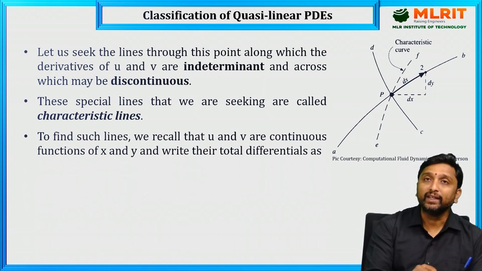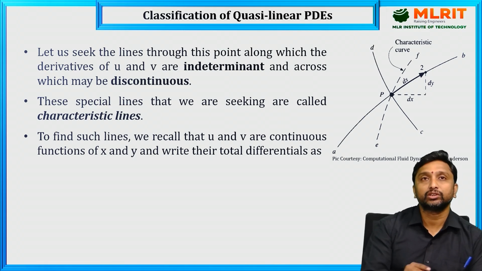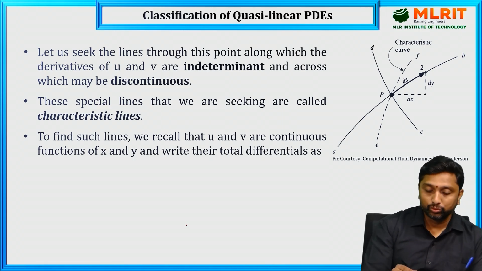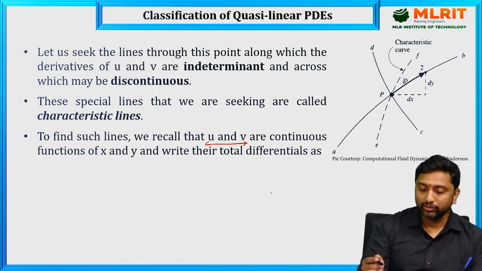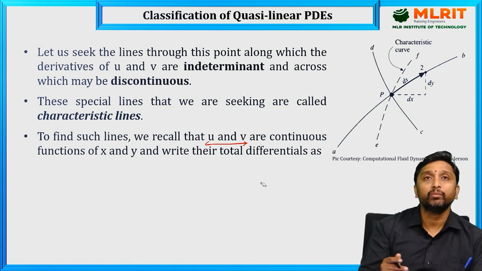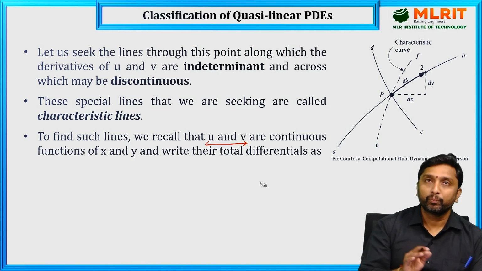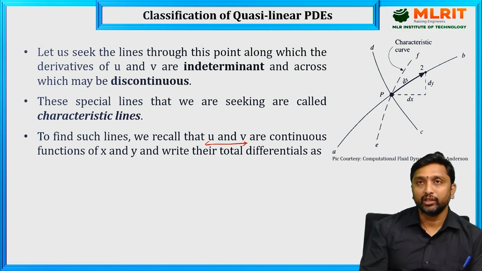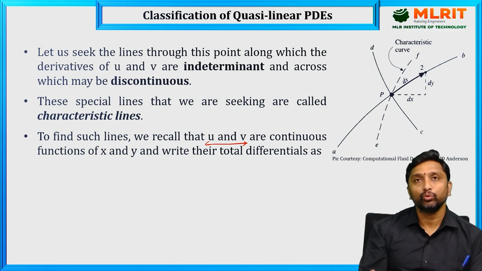So to find such lines, we use u and v. Let us define first. As we already mentioned, u and v can be represented as partial derivatives, where you can use the chain rule.